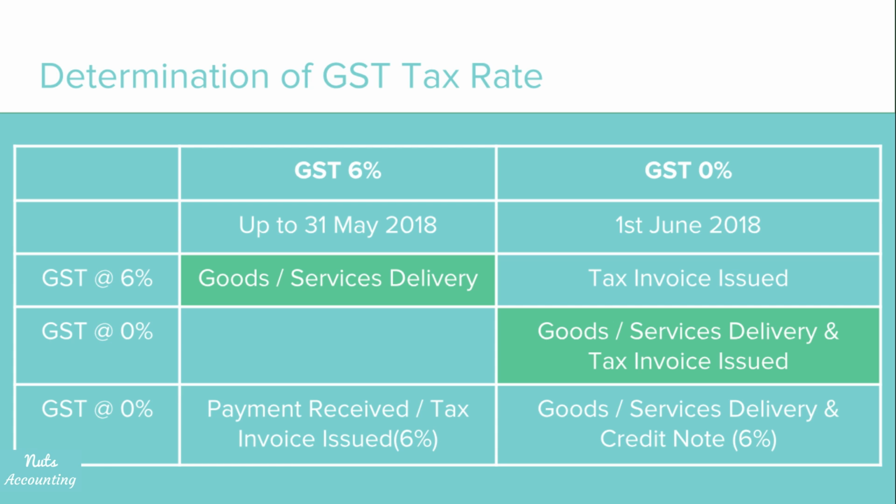The third situation is when payment is received or the tax invoice is issued during the 6% era, but the goods or services are delivered during the 0% era, which is after 1st of June. Based on the time of supply rules, this is supposed to be considered 6% GST.